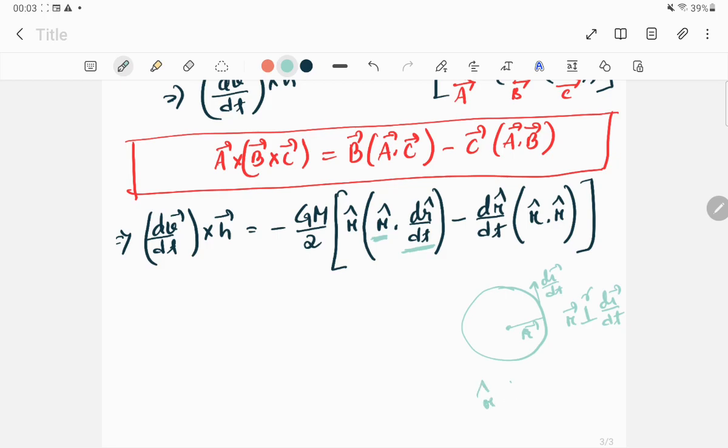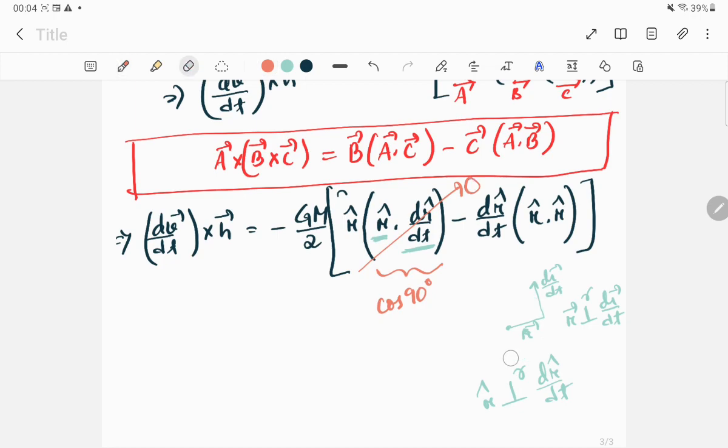So r cap will always be perpendicular to dr cap by dt. This thing we have already discussed in class. So according to this, we have a dot product and the angle between them is 90 degrees. So cos 90 is nothing but 0. So this part will simply become equal to 0.